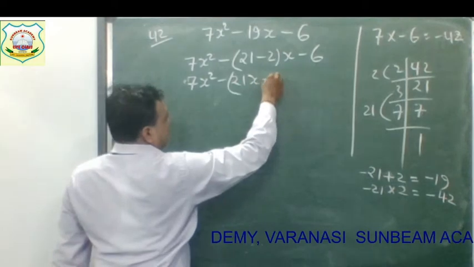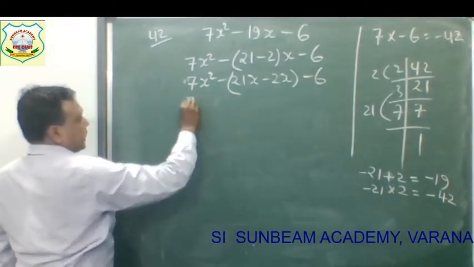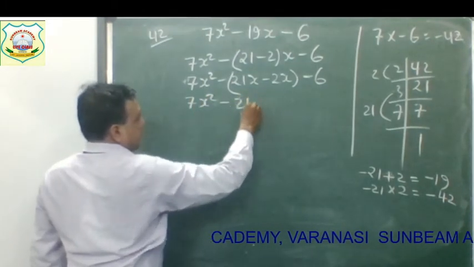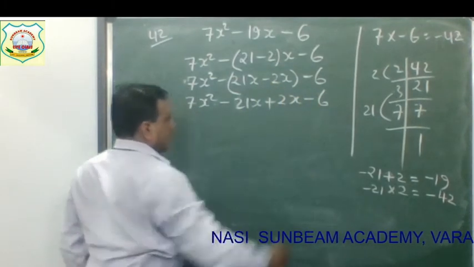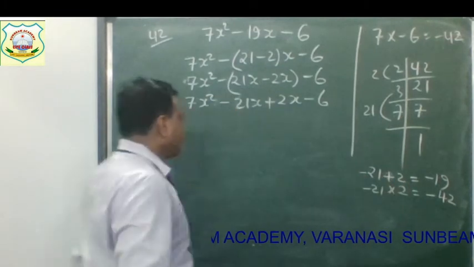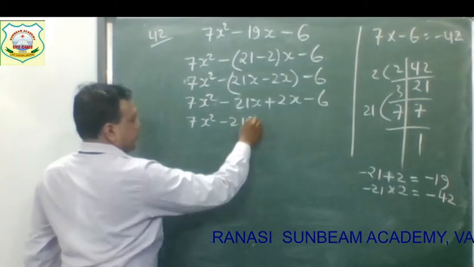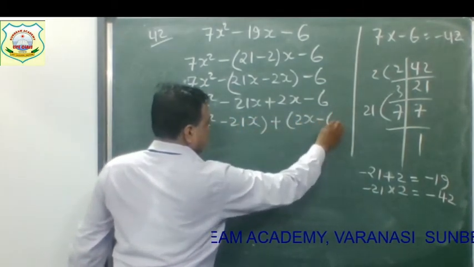First of all, the sign: 2x we will multiply. 7x square minus, open the bracket, 21x plus 2x minus 6. Now we will compare minus 21 then plus 2. Now close the bracket, means making a group.